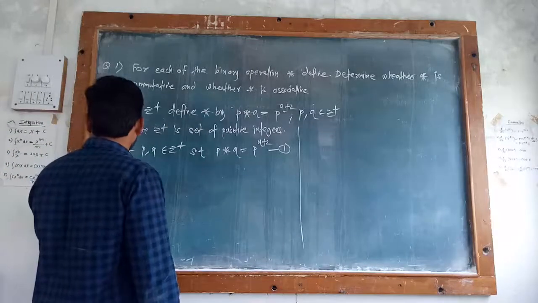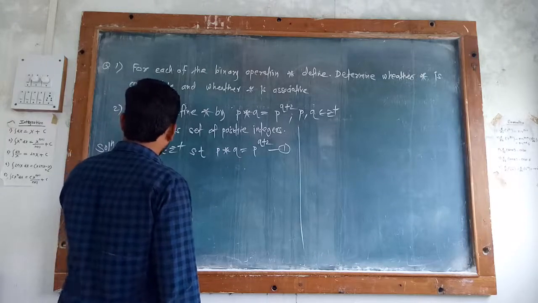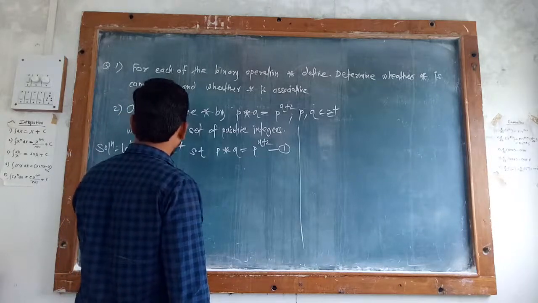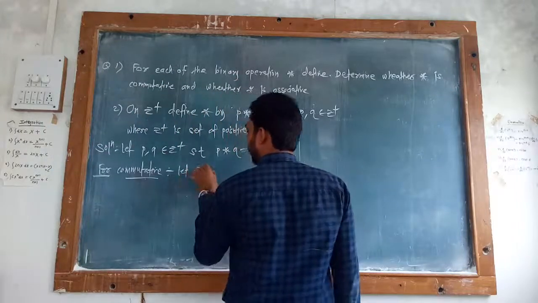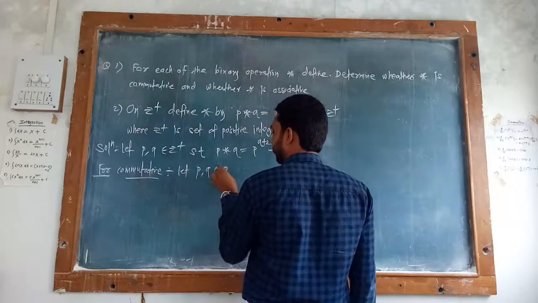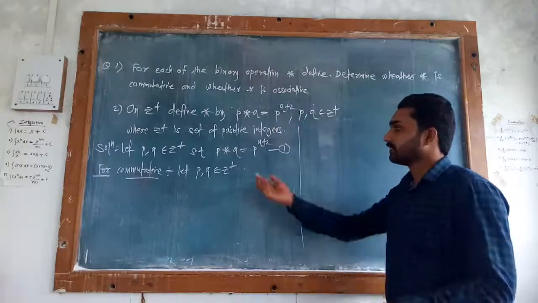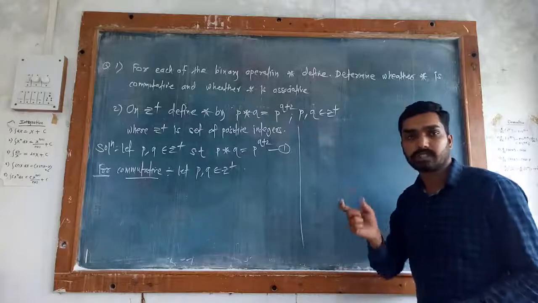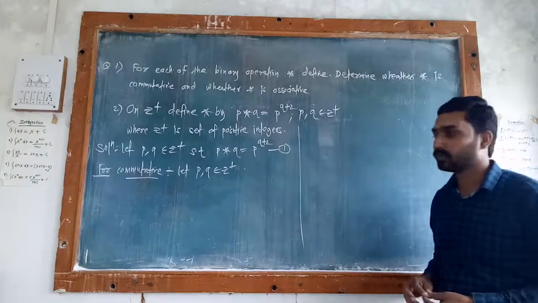For the first condition, the commutative property, let P and Q be members of Z plus. We want to check that P star Q equals Q star P. If they are equal, then star satisfies the commutative property.